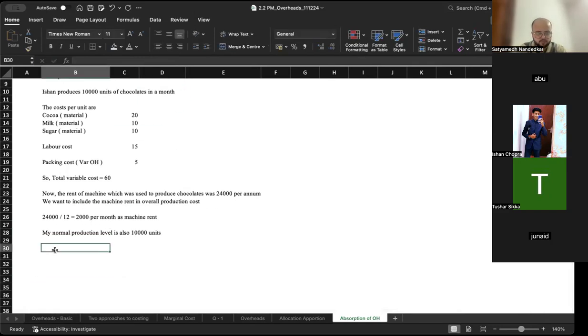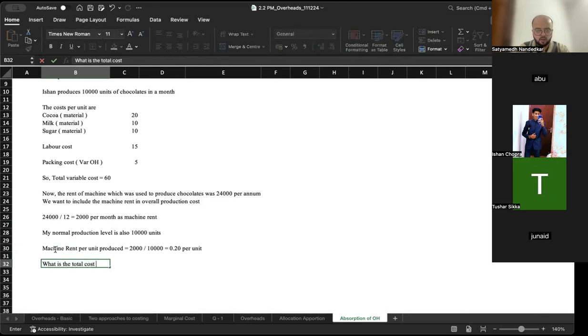So machine rent per unit produced is 2000 upon 10,000, which is 0.20 per unit. And now, what is the total cost? Total cost is 60 plus 0.20, that is 60.20.